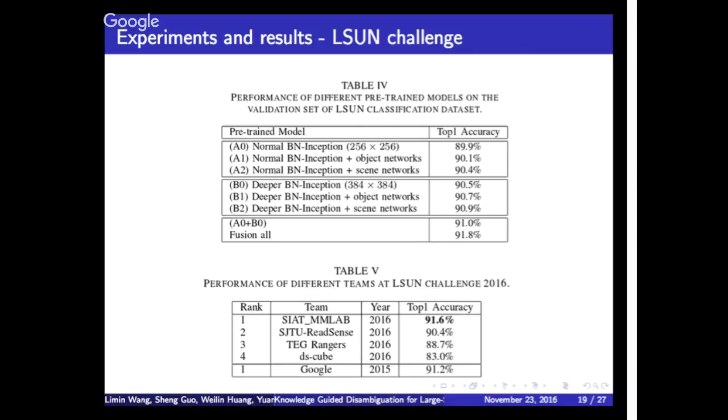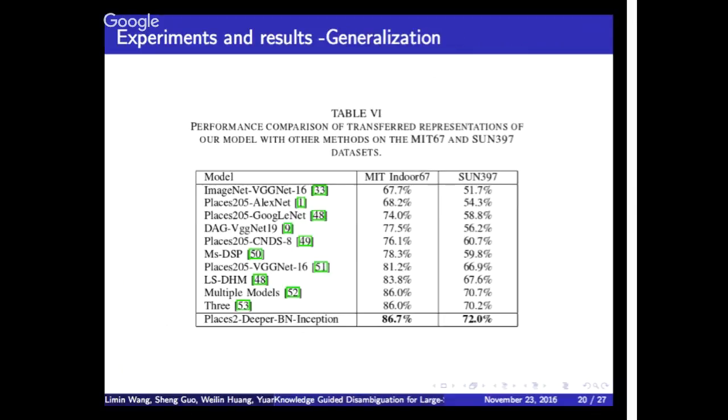They are the SIAT team, and they won it, so they got an amazing result on that. Finally, they tested it against MIT Indoor and SUN 397, where they outperformed all the other methods by about 2%, a bit less in the case of MIT Indoor 67. And this was from October, so I think they are the state of the art right now.